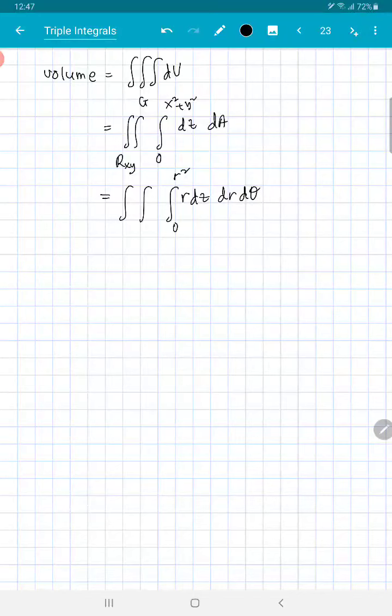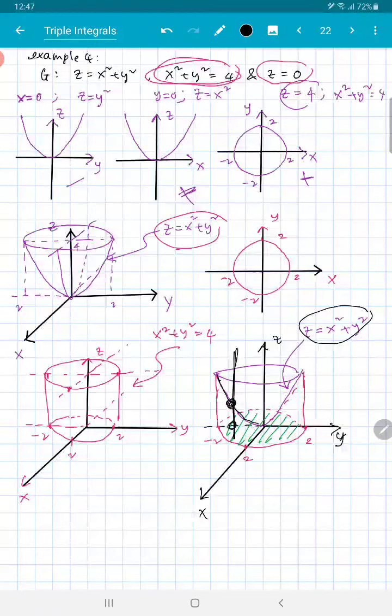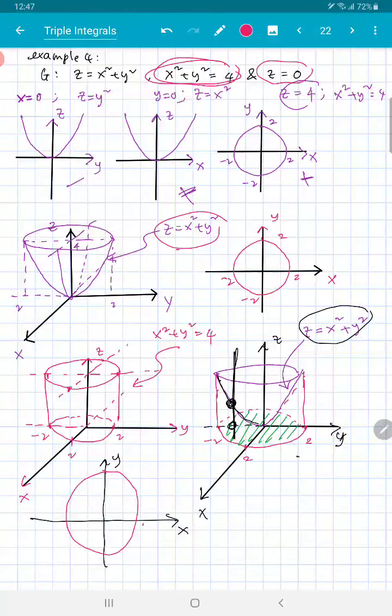Now let's get the limits for r and theta. Going back to our solid here, if you can't see the limits for r and theta, let's sketch this in 2D. So here we have x, y, and then we have a circle of radius 2, with points 2, negative 2 on the axes, and our region is this one.